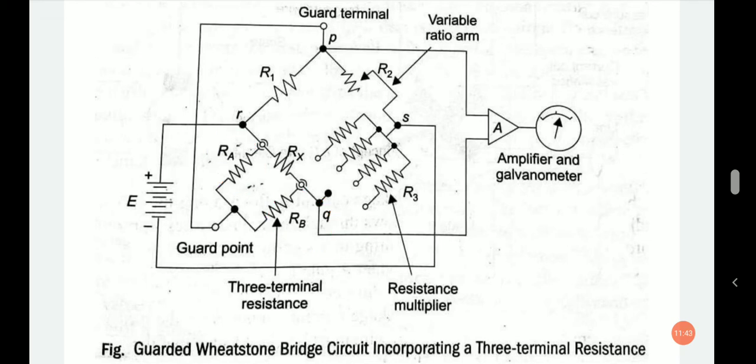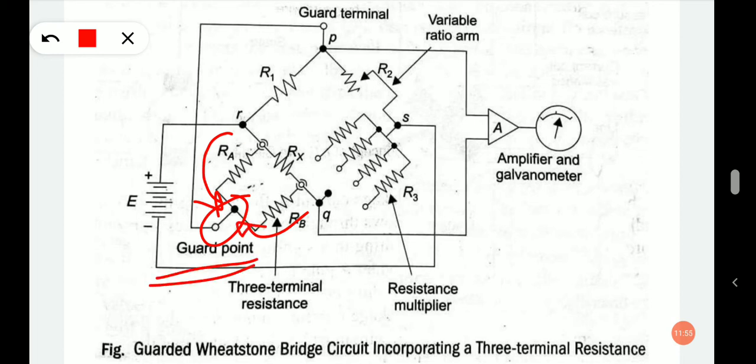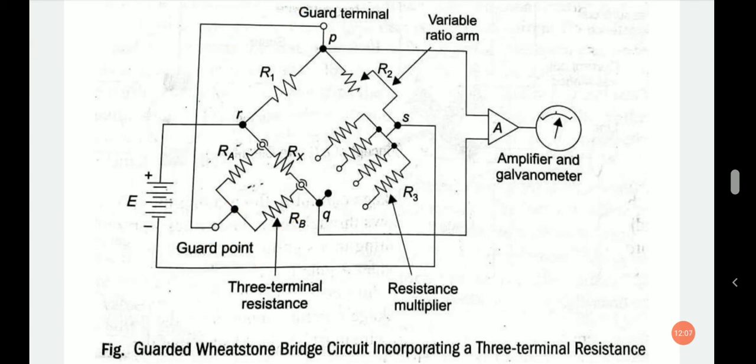So here we can see the common point or common terminal of these two resistances is the guard point, and it is connected to the guard terminal on the front panel of the bridge.